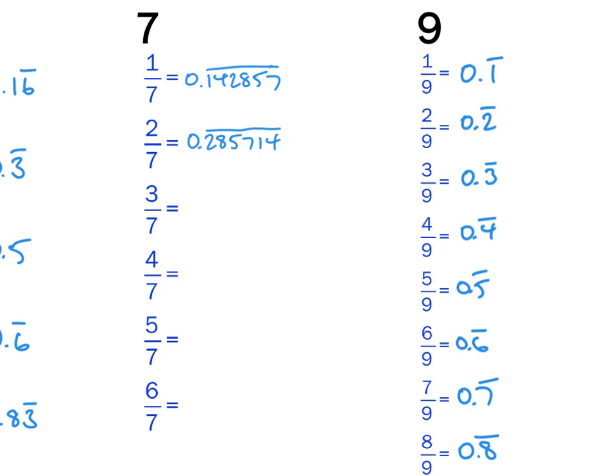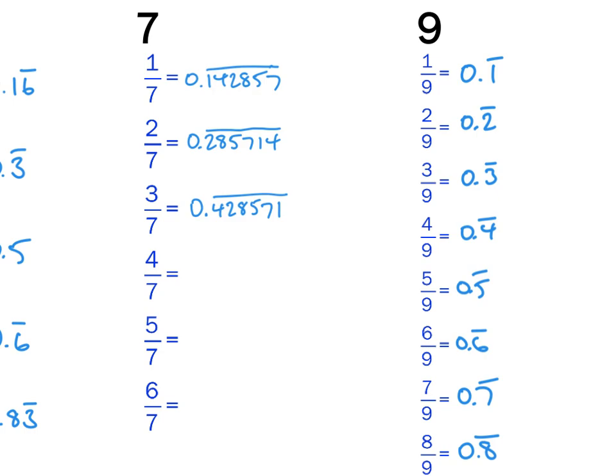The next one, you have to use a little bit of logic here. 3/7 is a little bit less than a half. So what do you think the first digit's going to be? 4. It's 0.428571.